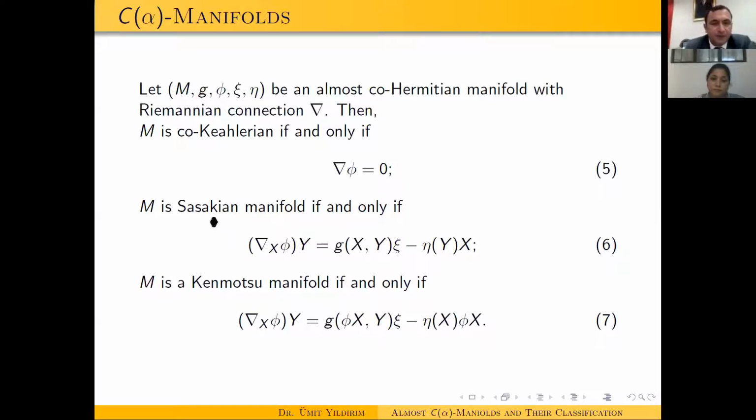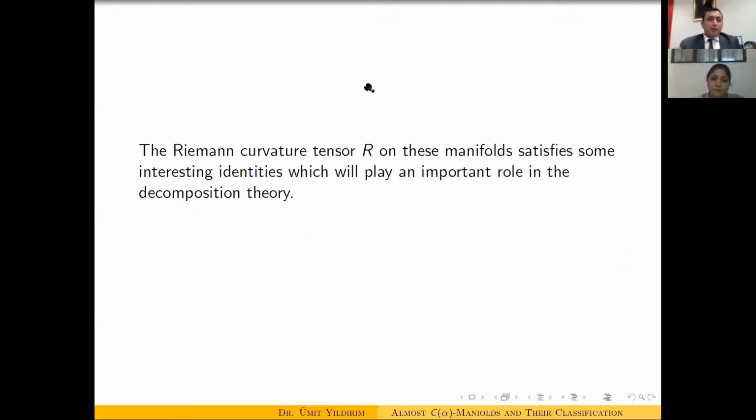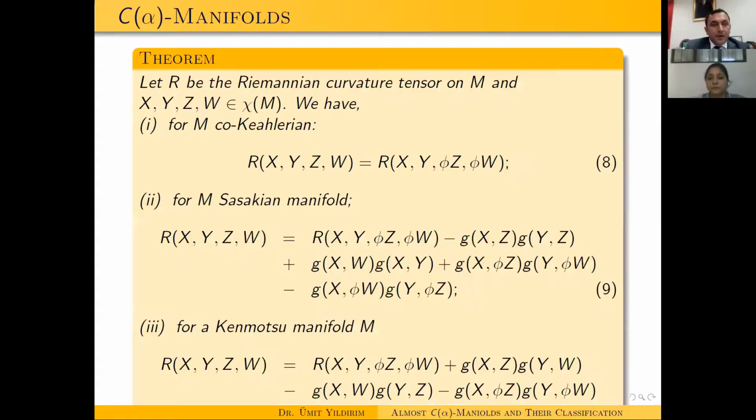classification. The Riemannian curvature tensor R on this manifold satisfies some interesting identities which play an important role in the decomposition theory. Let R be the Riemannian curvature tensor on M and X, Y, Z, W in chi(M).